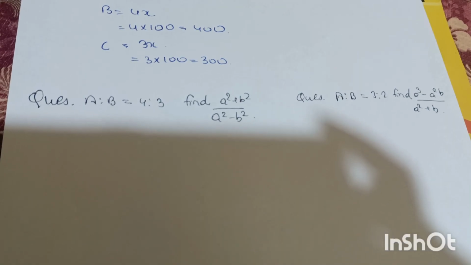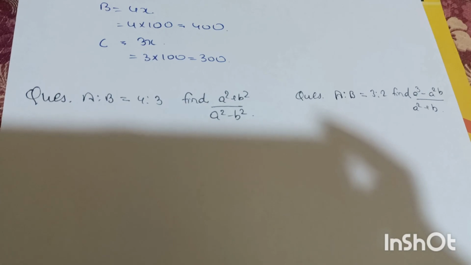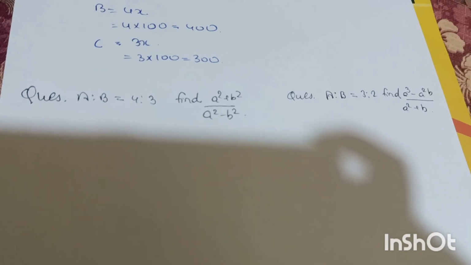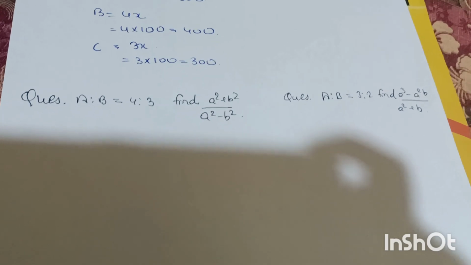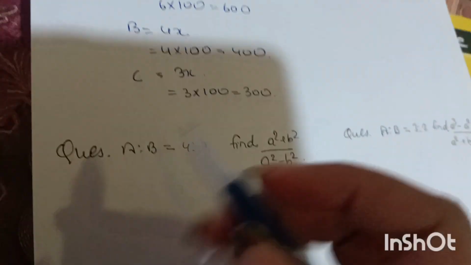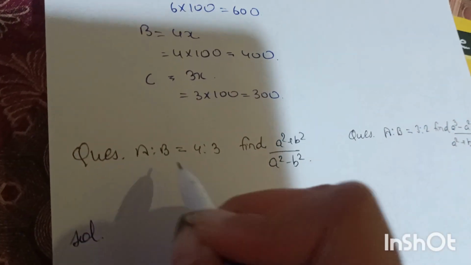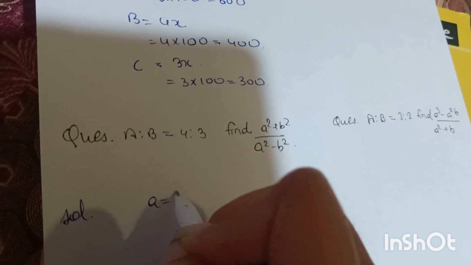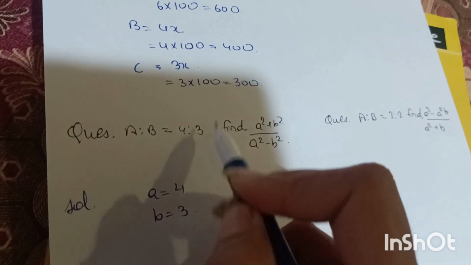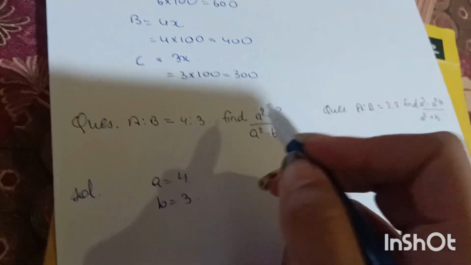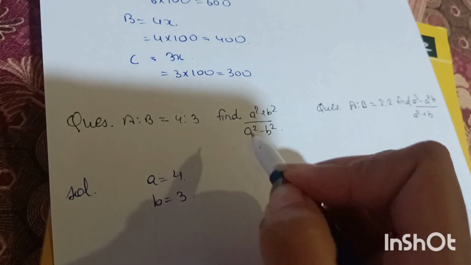So there are two questions on your screen. You may solve it out. So in this question, you can take the value A equals to 4 and B equals to 3. In this type of question, you can take direct values, okay? So now let's solve it. We'll put the values in this.